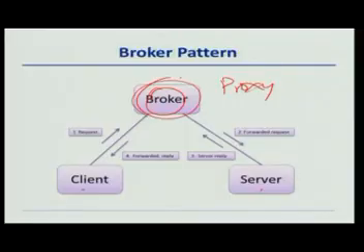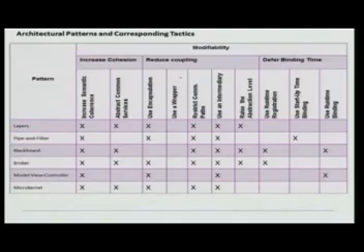So the broker pattern will give me the modifiability quality attribute by implementing these tactics. It is a very interesting table. Actually you can construct such relationships for all design patterns and you can publish a paper out of it.